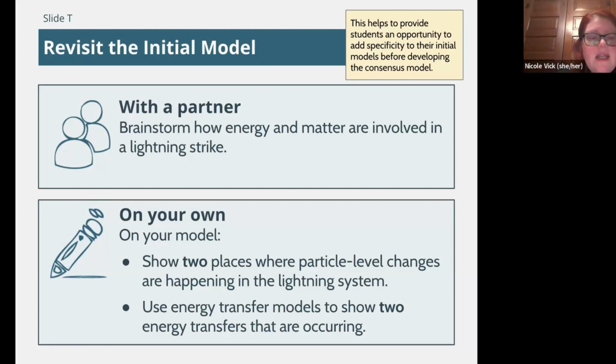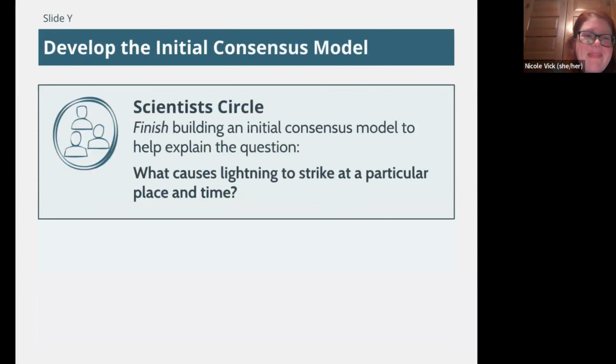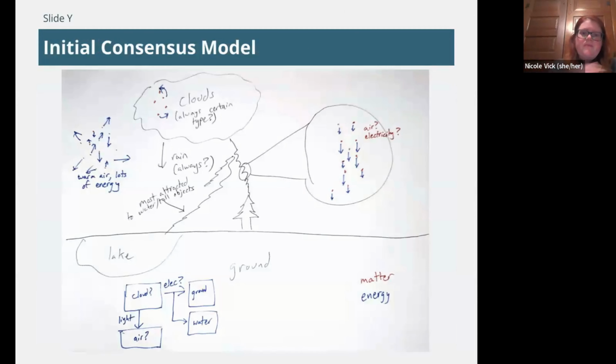So we want to go ahead to the next slide. Then after giving students that revision time, we would work in a scientist circle to develop our initial classroom consensus model. And the next slide shows an example of that model.